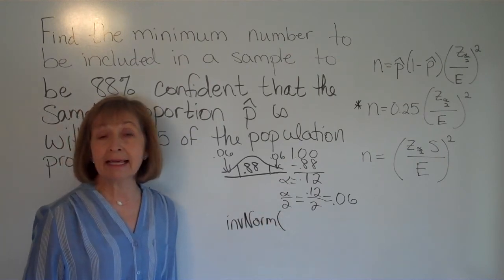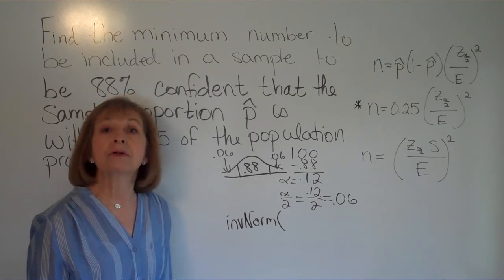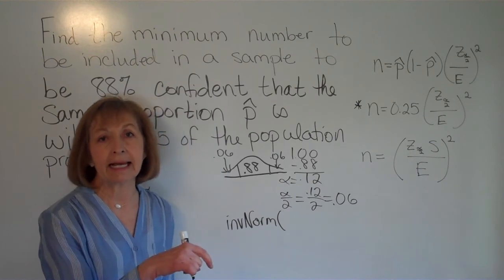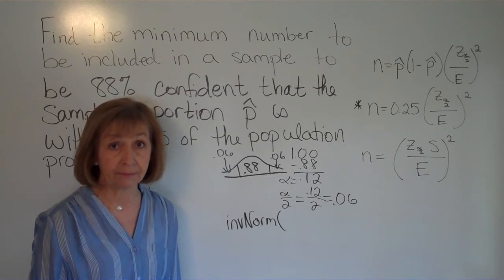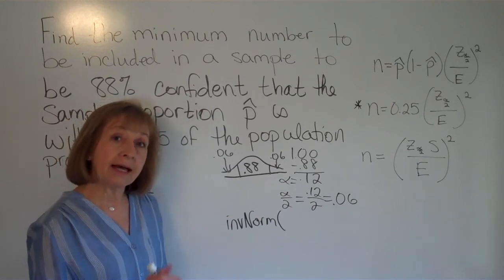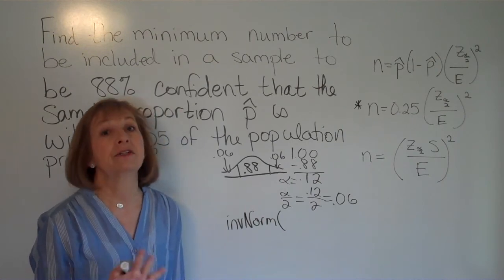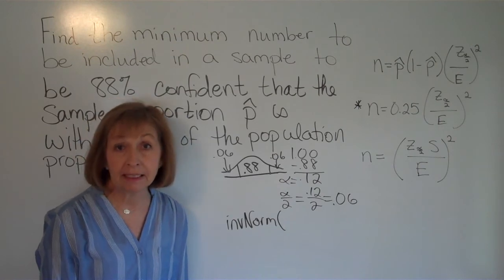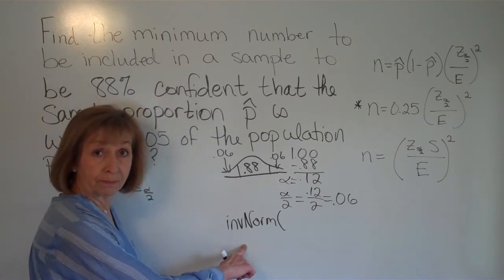To access that on your calculator, you're going to push the second button, and then you're going to push the button that says VARS on the button and DISTR on the face of the calculator. That's to get to the distributions. It's right next to the clear key. Now when you do that, you're going to have several different options. That's where your normal CDF is, your inverse norm, inverse T, binomial CDF, binomial PDF, all of those different options. We want the inverse norm.